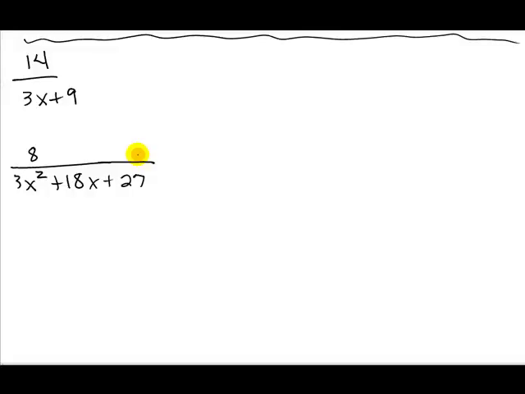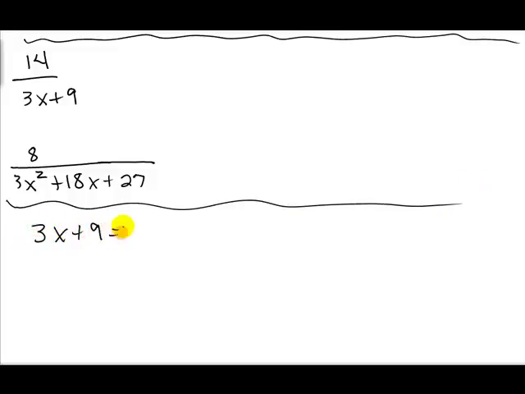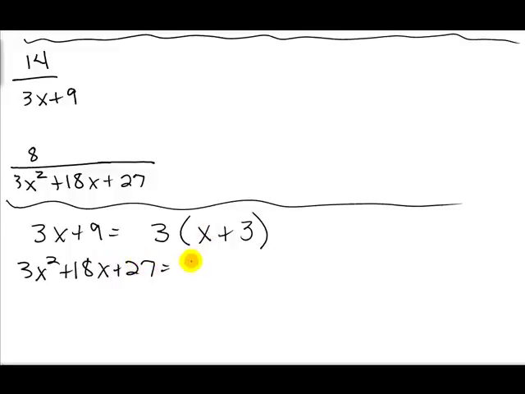Okay, so get these two fractions written down. And then what we want to do is we're looking at factoring. So 3x plus 9 becomes 3 times x plus 3. Those are the factors. Then we want to take this other expression in the denominator and factor it.